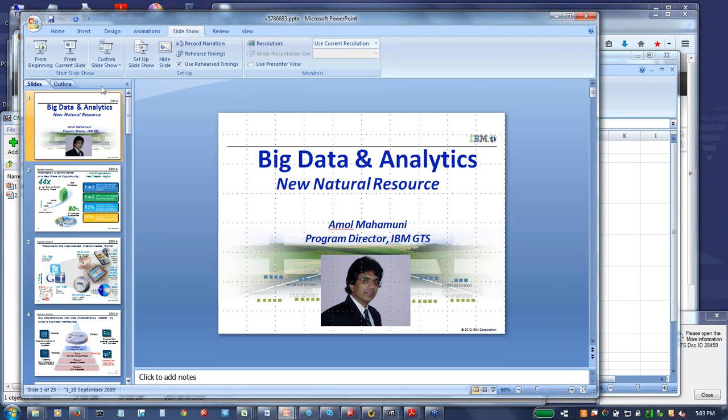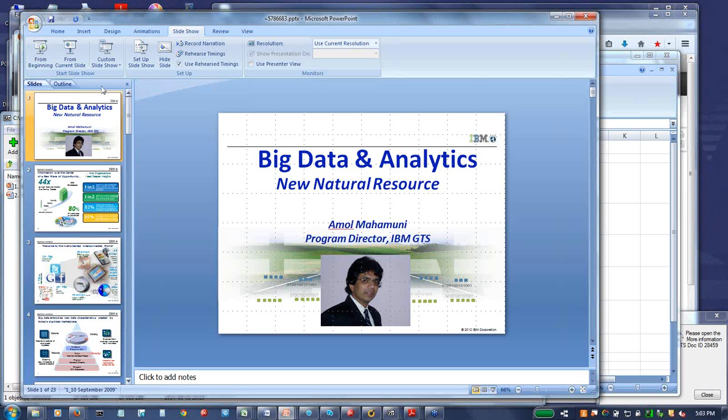Our guest speaker today is Amol Bhaskar Mahamuni. He is a Program Director GTS at IBM India Private Limited. Amol has over 25 years of industry experience and has been with IBM for the last 19 years. Starting with research, he has been with India Software Lab since its inception and has played key leadership roles across products portfolio in growing the lab to its current level.